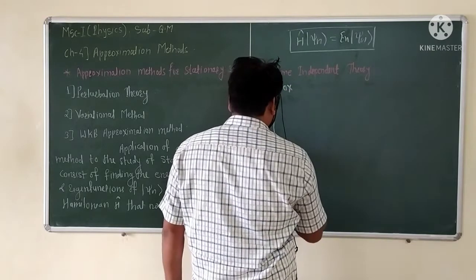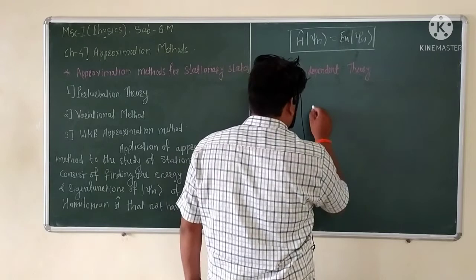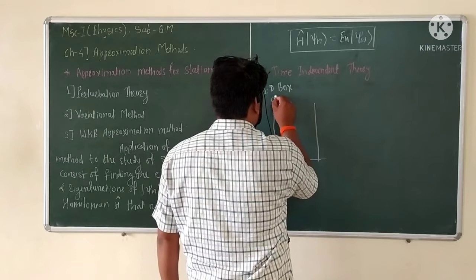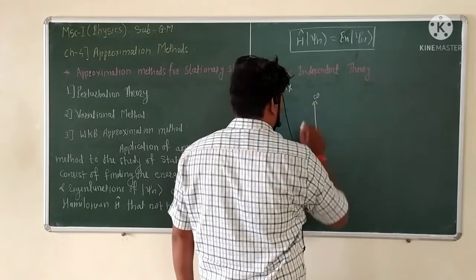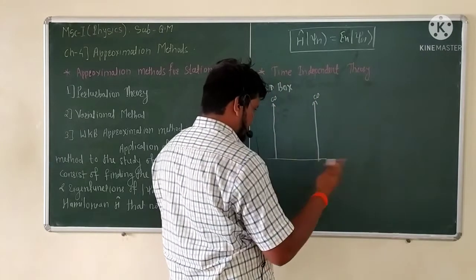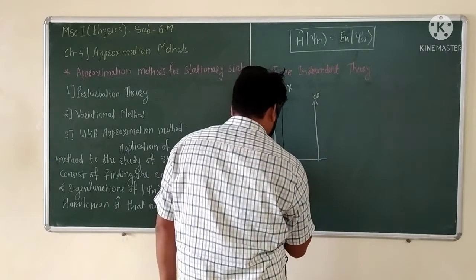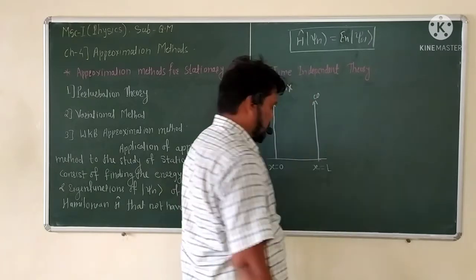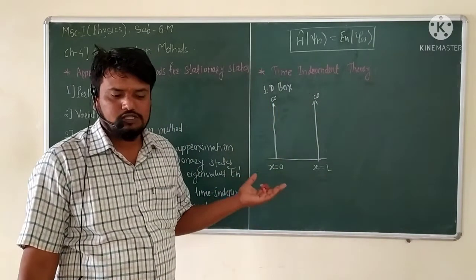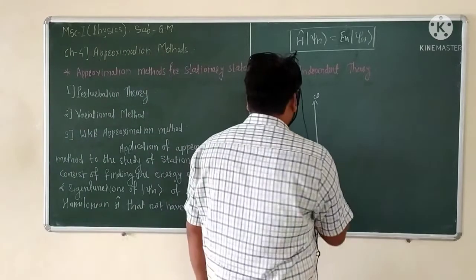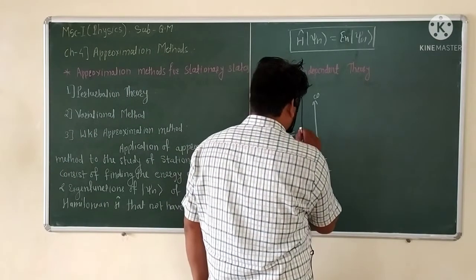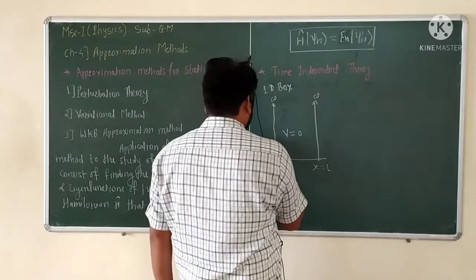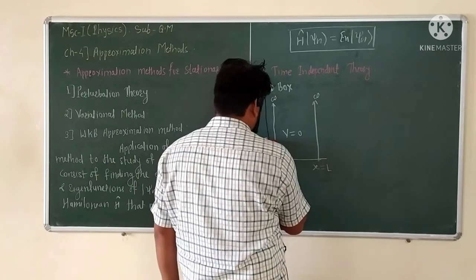The box diagram has infinite potential barriers, with the axial limit from x equal to 0 to x equal to L. Inside the box the potential V is equal to 0, and outside the box the wave function psi is equal to 0.